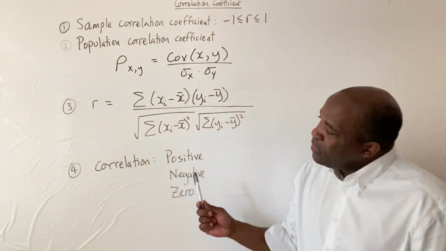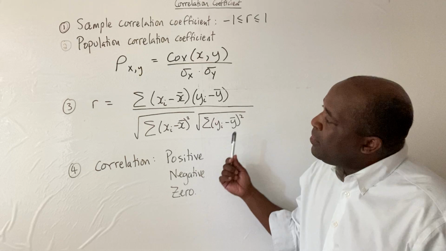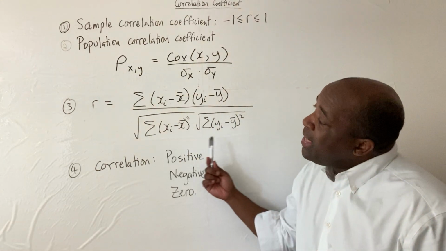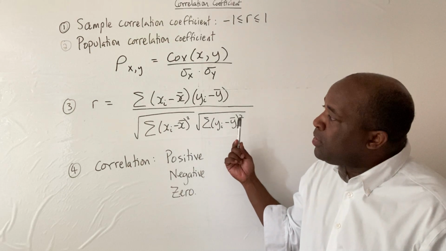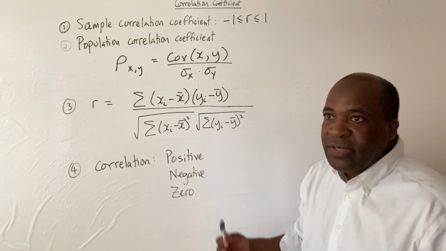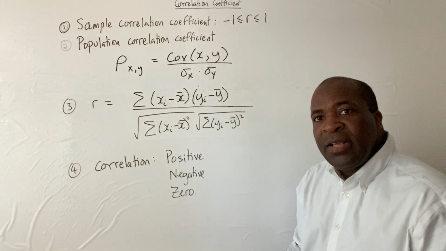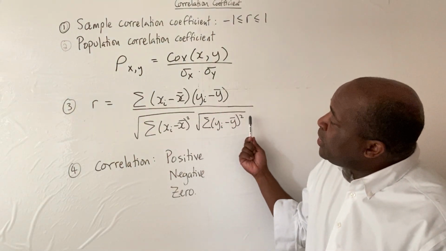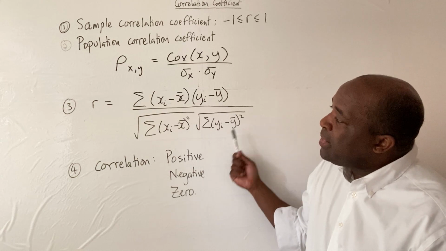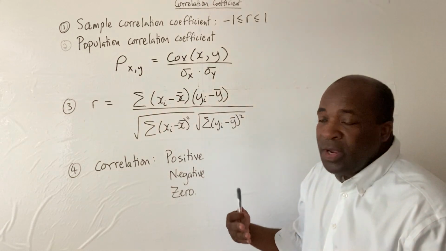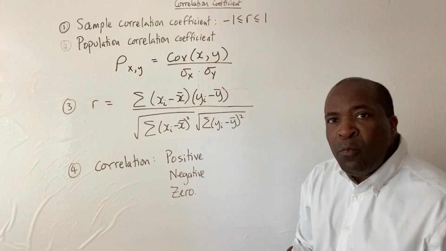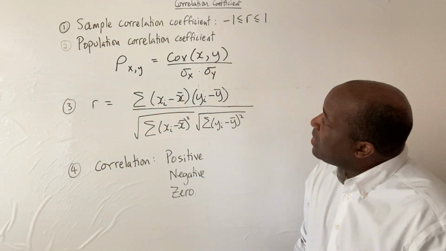So in A level and under the previous dispensation, you would be asked to calculate the sample correlation coefficient. You'd be given a sample of data for x and y, and you'd be asked to use a formula like this that would allow you now to generate the correlation coefficient, what's called the Pearson moment correlation coefficient.